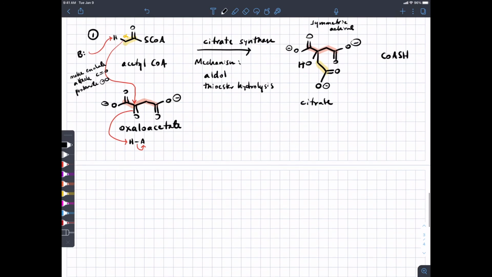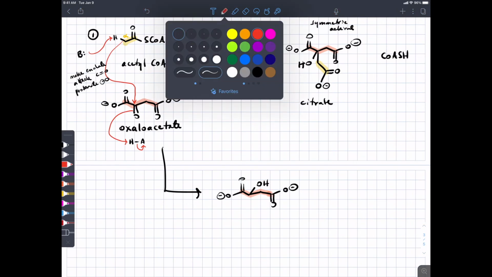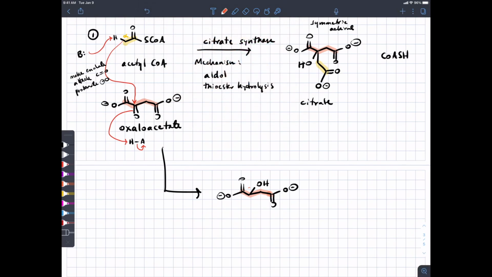All right, so if we do that, the product of that step is the same as you would expect for an aldol reaction. And so here's the carbons from oxaloacetate, as far as we know. Here used to be the carbonyl carbon of the ketone. That's the one that got attacked. Here is the new bond we made.